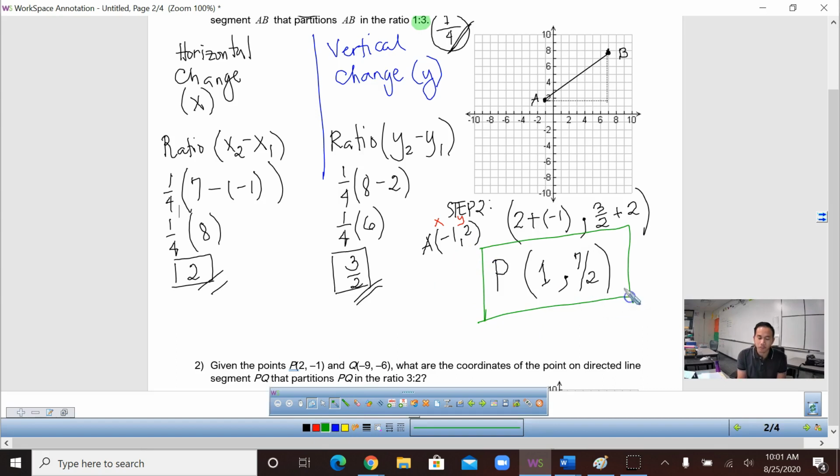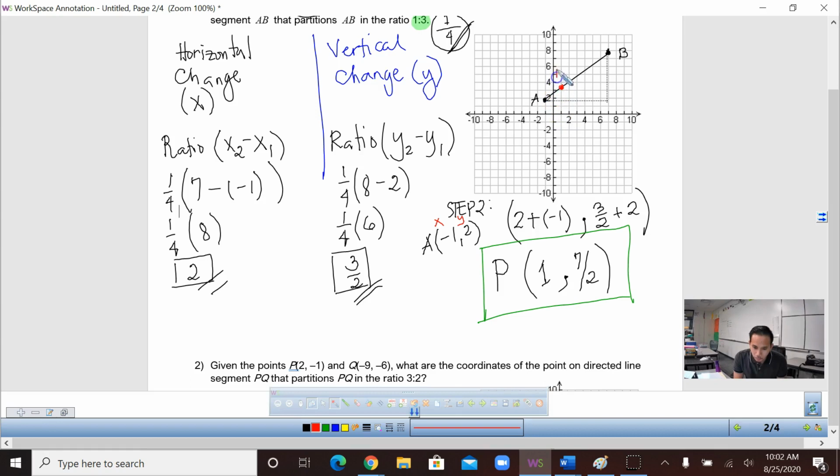So this point partitioned your AB in 1:3 ratio. So if I'm going to graph that, okay, I'll use red here. So you have 1 and then 3.5.